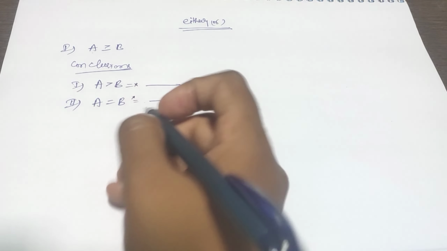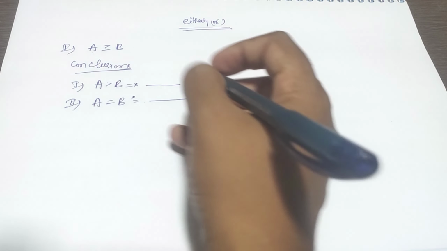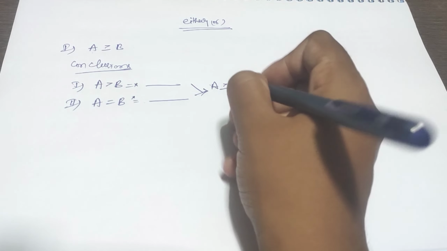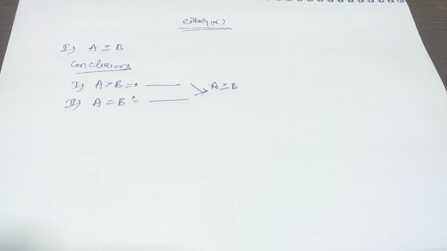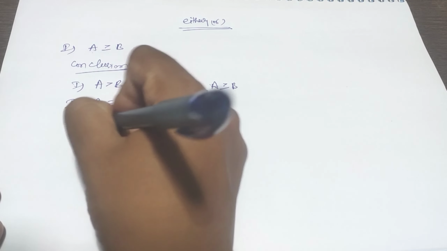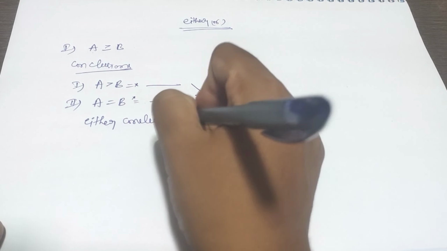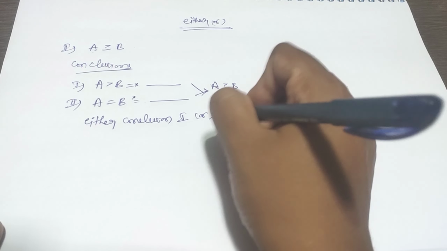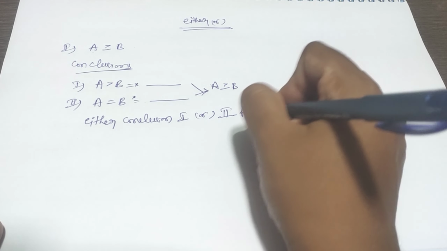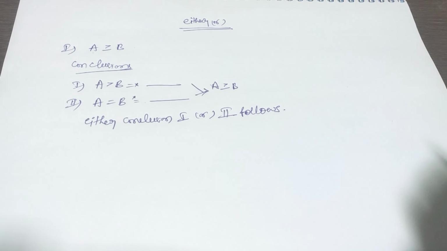Here we got A is greater than or equal to B, which completely satisfies the statement, so we have to go with either conclusion 1 or 2 follows.